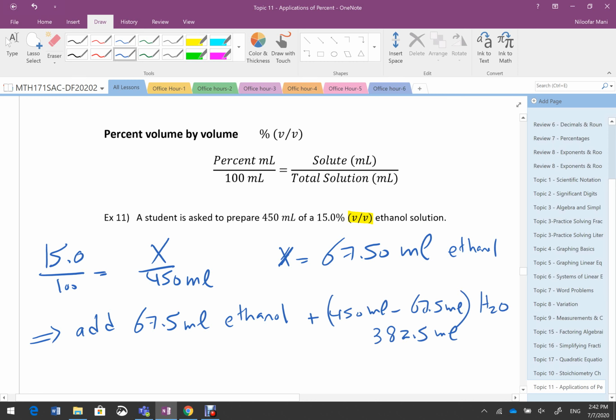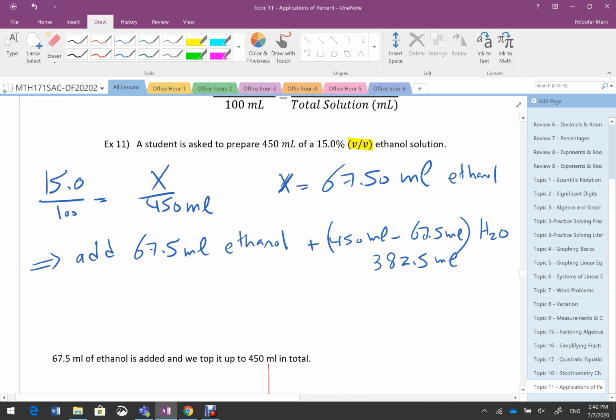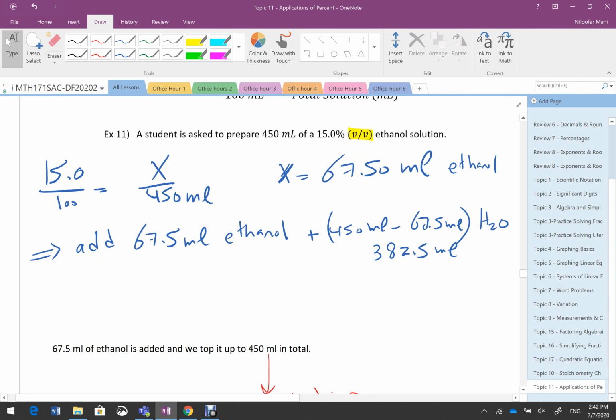Okay, can be that. Or if you can use another solvent, yes, you can. It depends on what you can do. Okay, so I'm not going to talk about that part.